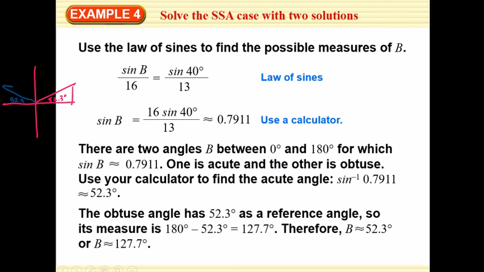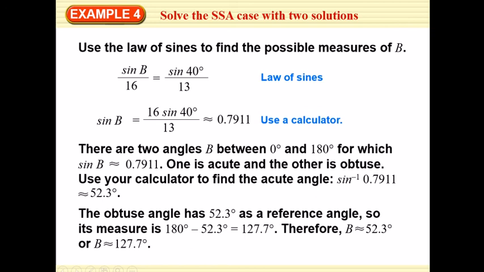So how do I get that? The reason why that sine comes out to the same is because, remember, all students take calculus. That means in the first quadrant, all values are positive, and here in the second quadrant, the sine is positive. So all of that checks out, that I would get a positive 52.3 degrees as the reference angle.